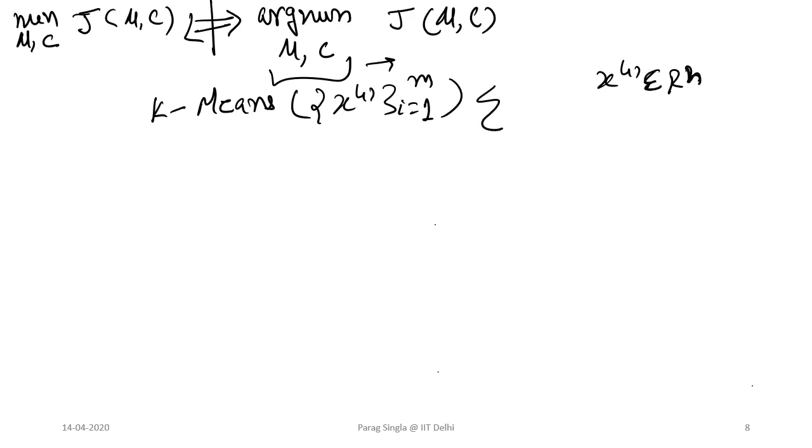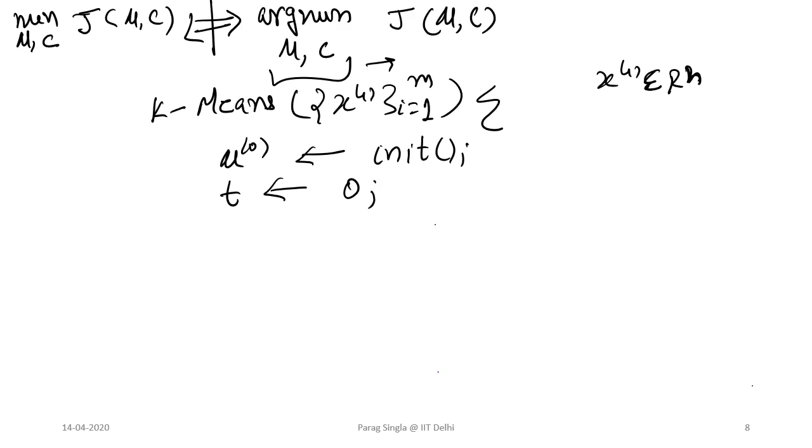The algorithm proceeds in the following manner. There is mu zero, the mu's at time step zero, and you initialize them; we'll talk about how to initialize them later. These are your cluster representatives, or cluster centroids, or cluster means, for the reason that we saw: the values of these mu's will eventually be the means of the points belonging to each cluster.